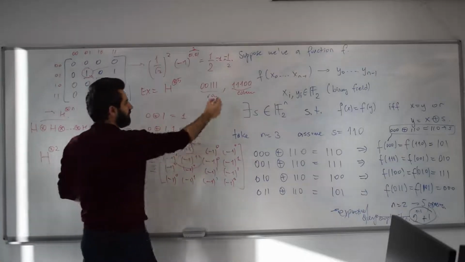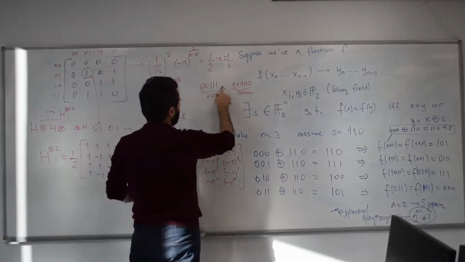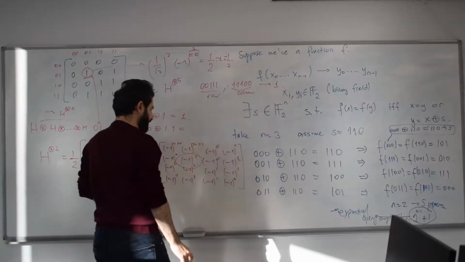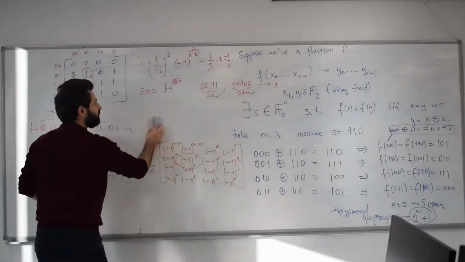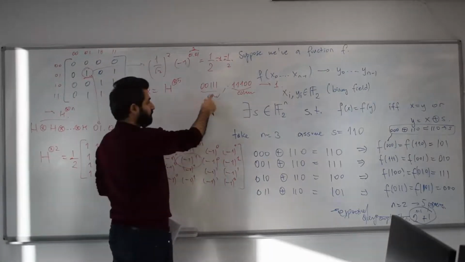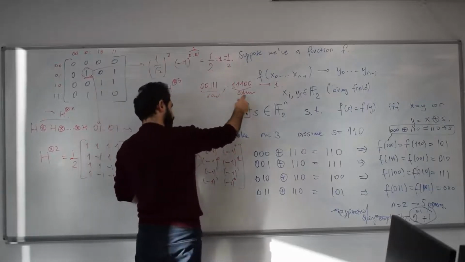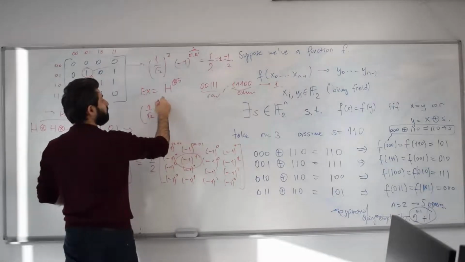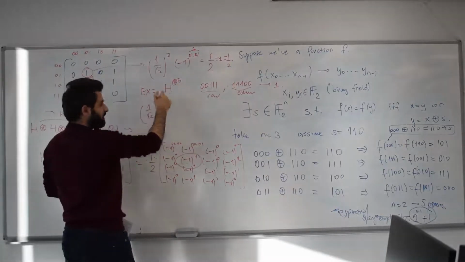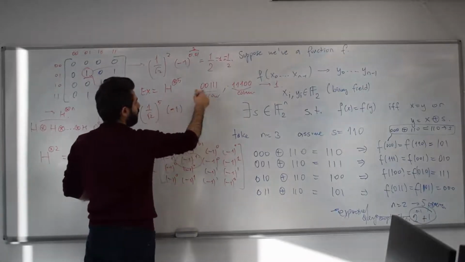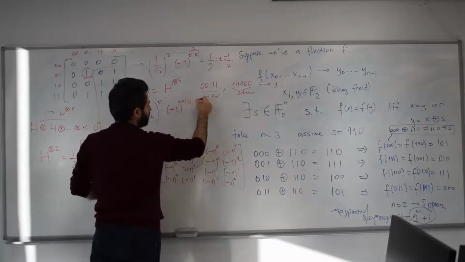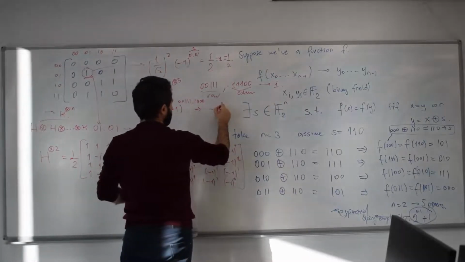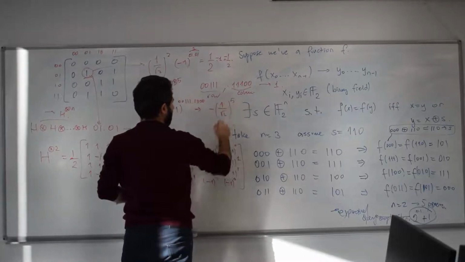If you take the dot product of the two, you get 0, 0 and 1, and 0, 0. If you XOR them, you get 1. So the particular entry, the intersection of the row indexed by this number and the column indexed by this number, is given by 1 over square root of 2 raised to the power 5, because now n is 5, times minus 1 raised to the power of the dot product of the two. Since that is 1, it gives you minus 1 over square root of 2 raised to the power 5.